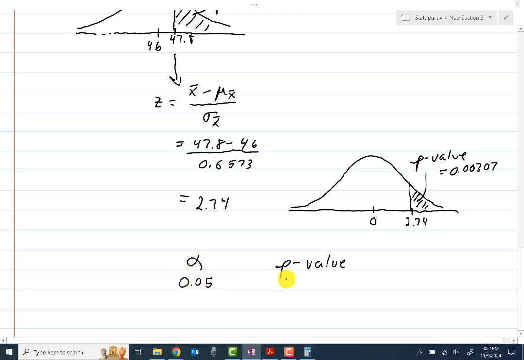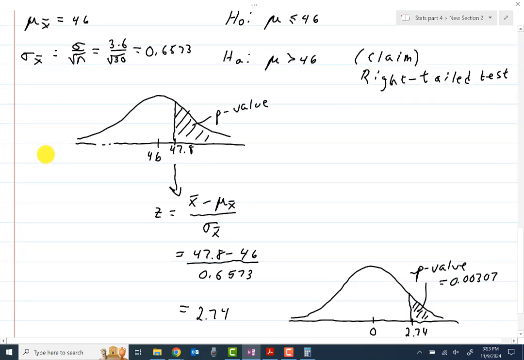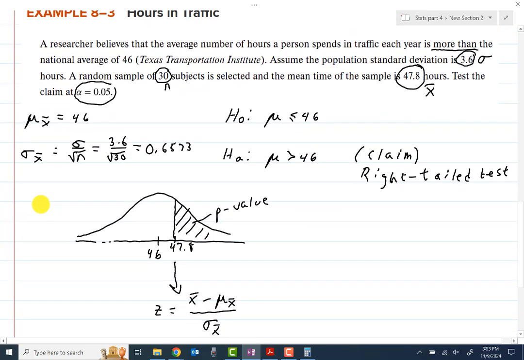Our p-value is 0.00307. That means alpha is bigger than the p-value. So we have alpha is greater than the p-value. That means we reject H naught. What was that in this case? That our mean time wasted in traffic was less than or equal to 46? No, we're saying that the evidence supplied to us suggests that the mean is actually more than 46.